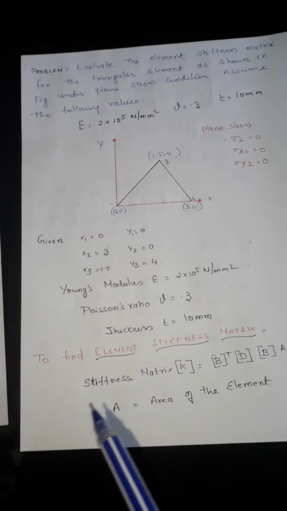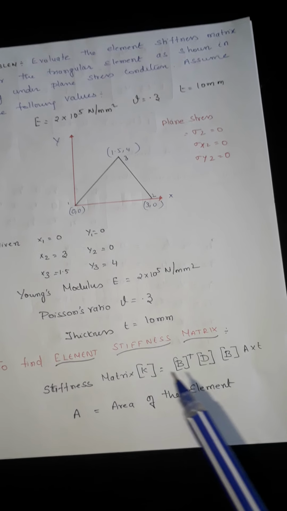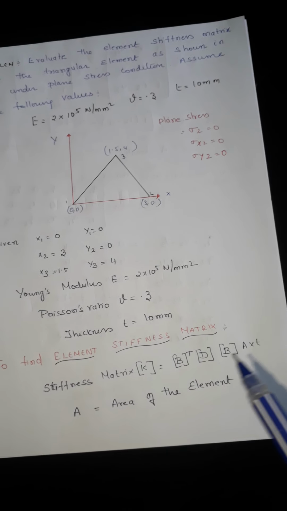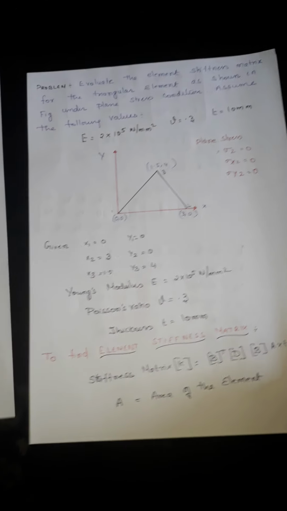Now we have to find out the element stiffness matrix. K is equal to B transpose D B A into T. A is the area of the element, T is the thickness, B is the strain displacement matrix and D is the stress strain matrix. Now we will find out the area.